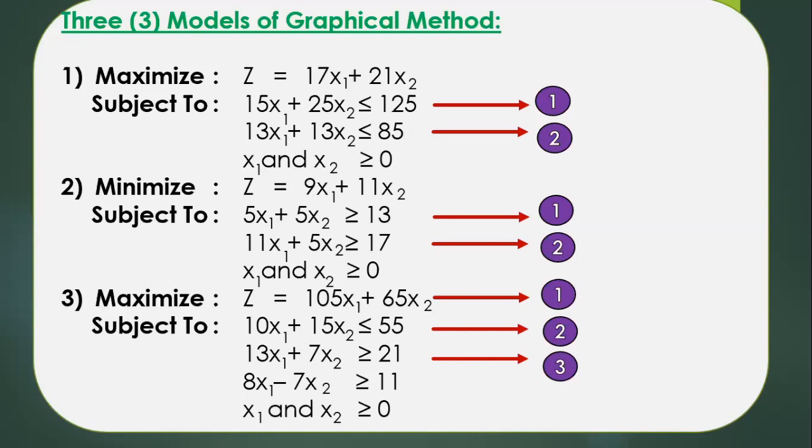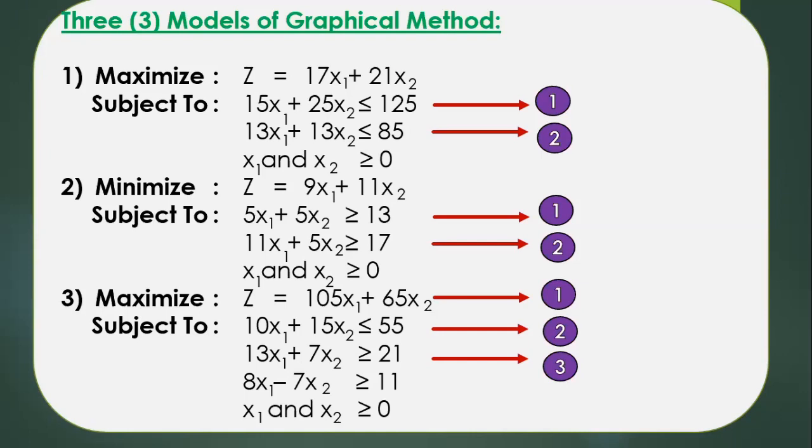Because of that, aside from the graphical and simplex methods, the other methods that are available for use are, first, the dual simplex method, and second, the Bingham method. And take note that the graphical method is only applicable if we only have two variables involved. If we have more than two variables, then the graphical method is not suitable to be used.